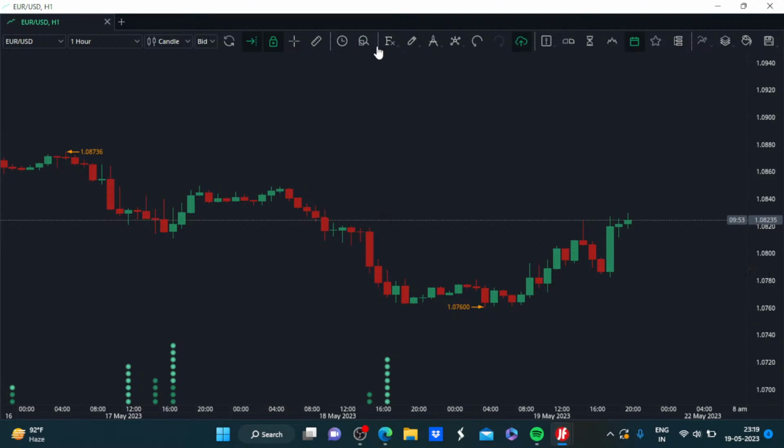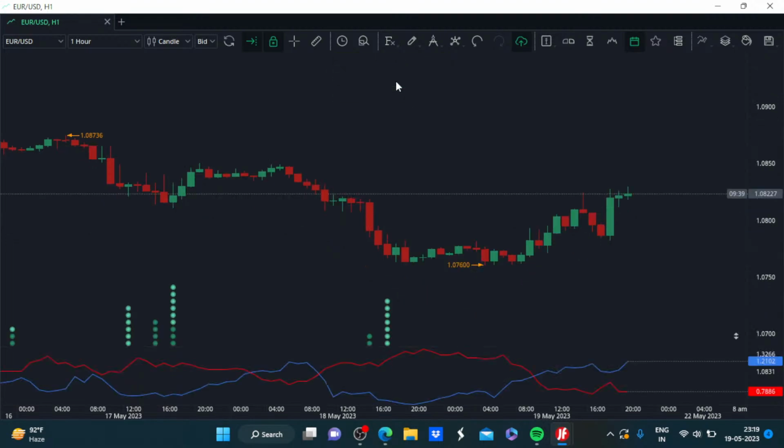So for that, I have come across one such indicator which is named Vortex, which is a fairly good indicator simply designed using price volatility, how things are shaping up.